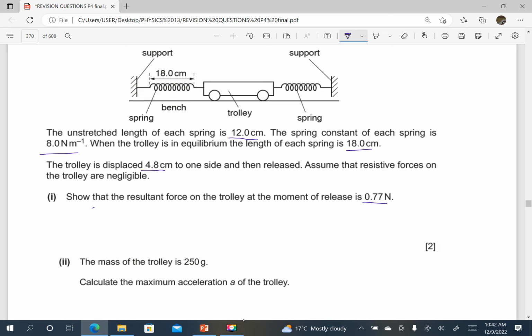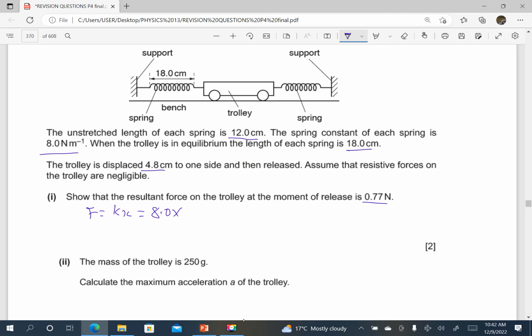So the force F is equal to k times x according to Hooke's law. And then what is k? k is 8.0 newtons per meter times x. Now x is the extension. When the trolley is in equilibrium, the length of each spring is 18 centimeters.